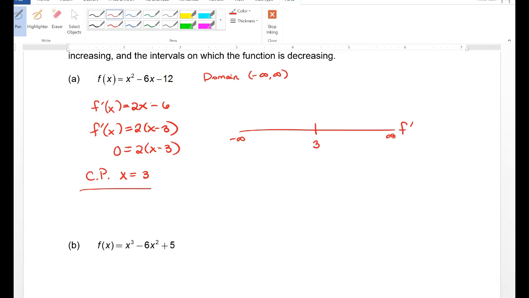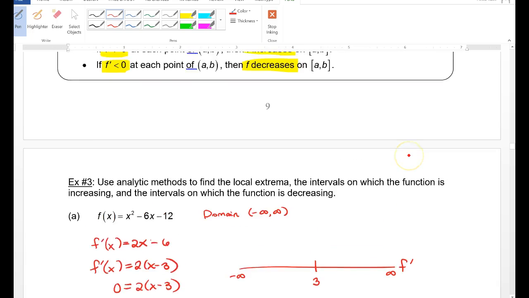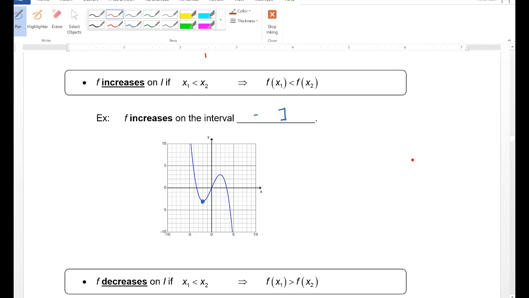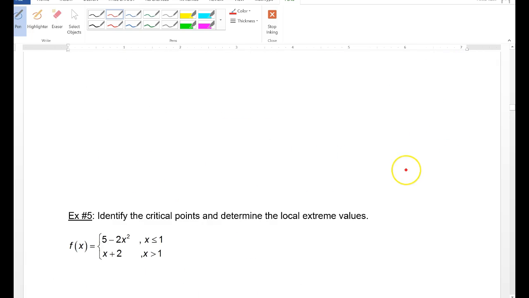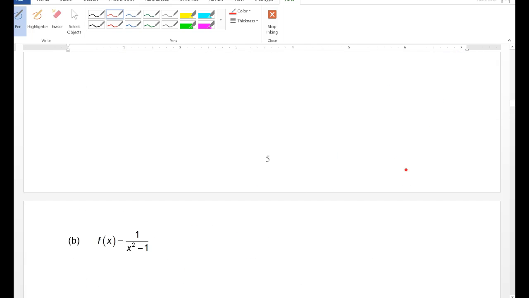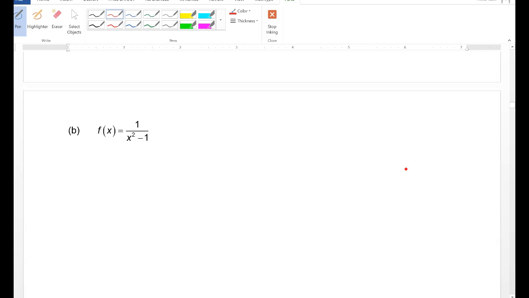When you first introduced this, remember on B, how could you put the endpoint as negative infinity to infinity when the domain was not all reals?